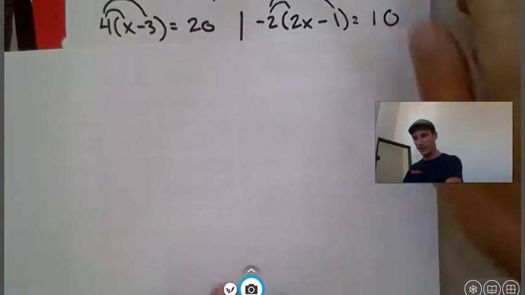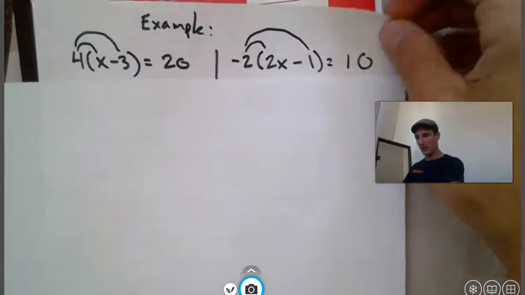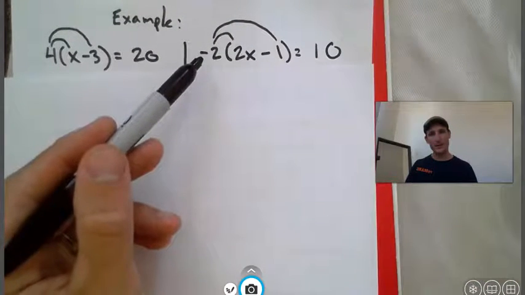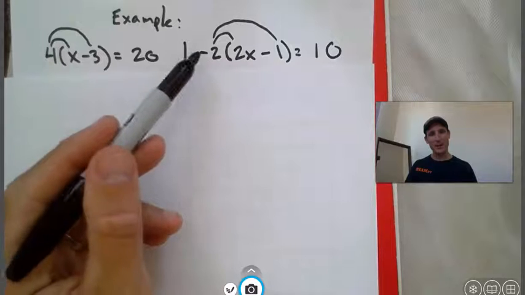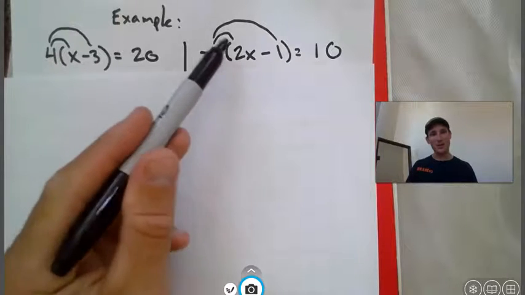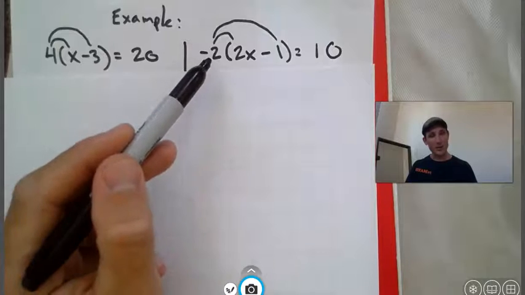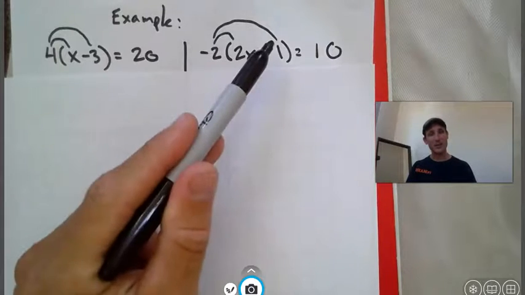This one's not really more complicated, but there is one curveball, and that's this coefficient right here is a negative 2. That negative sign distributes just alongside the 2. So I'm distributing negative 2 to both of these, yeah?